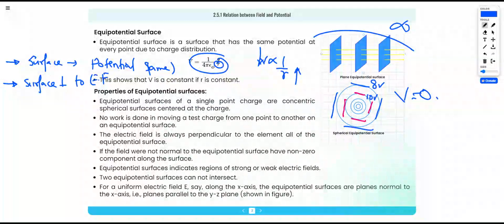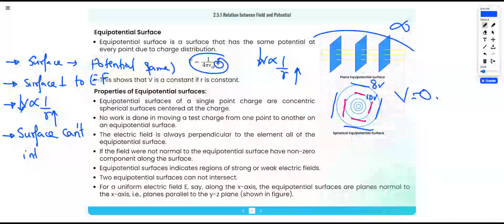Third, always in the direction of R the electric field is decreasing; as R is increasing, V is decreasing. And this surface can't intersect. They can't cut each other. If they intersected, the values would be the same because it depends on R. Therefore, these surfaces can't intersect with each other.